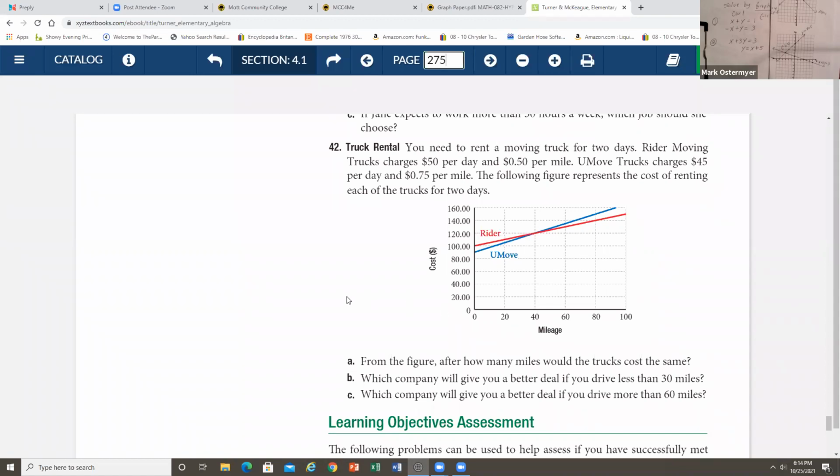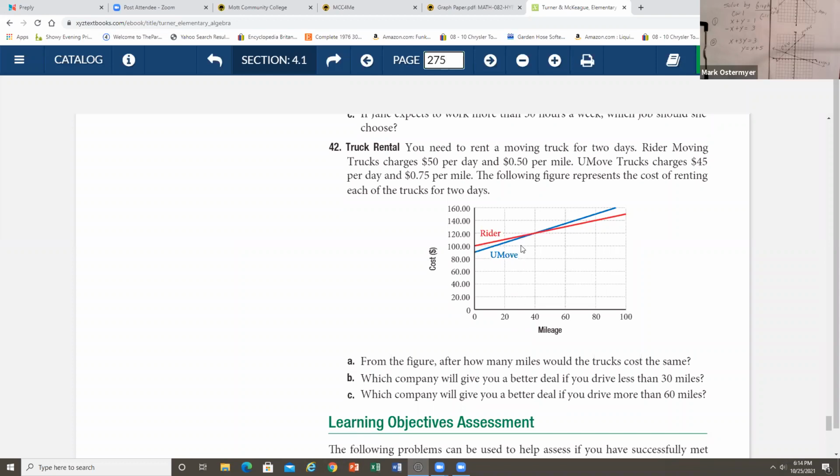For part B, which company will give you a better deal if you drive less than 30 miles? If we drive less than 30 miles, ladies and gentlemen, should we go with the U-Move truck or the Ryder truck? If we plan on putting less than 30 miles on the truck, the U-Move rental will be cheaper. Do you agree?